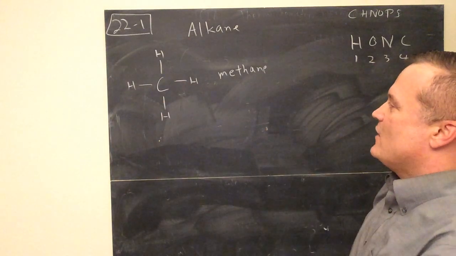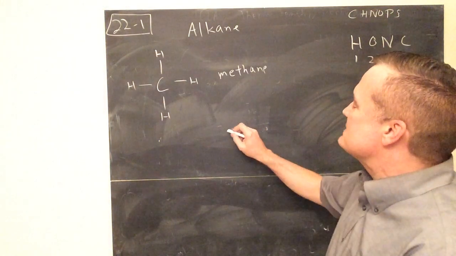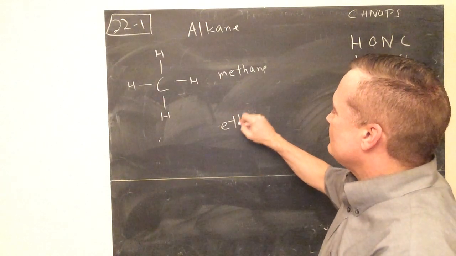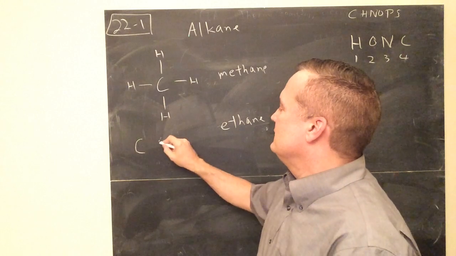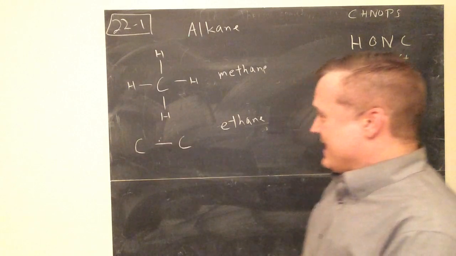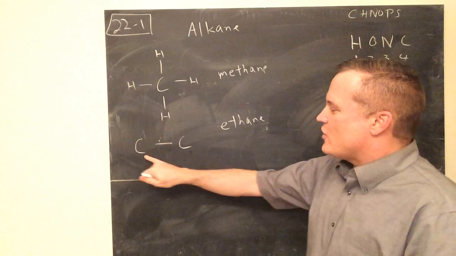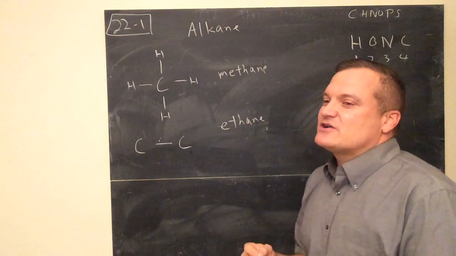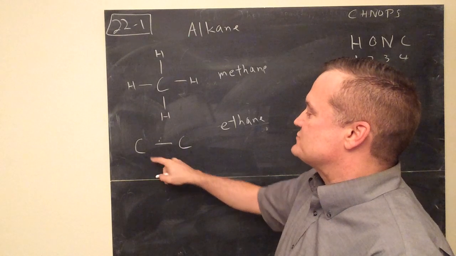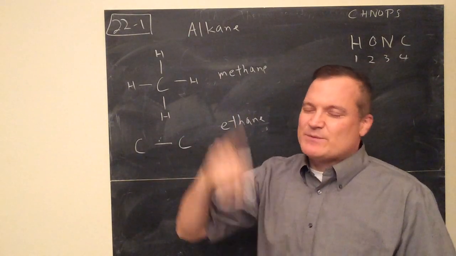Call that methane. All right, ethane will be the second one. Ethane has 2 carbons. I'm going to put a carbon to another carbon. Now, these 2 carbons are also going to be saturated. That means every space that is not occupied by a carbon will have to have a hydrogen. So, in other words, here's a better way to say it.